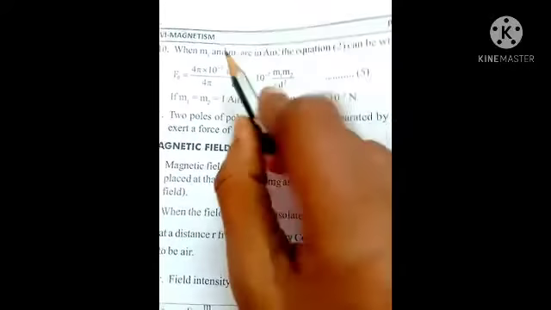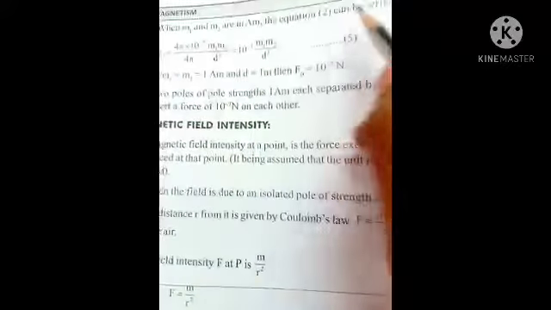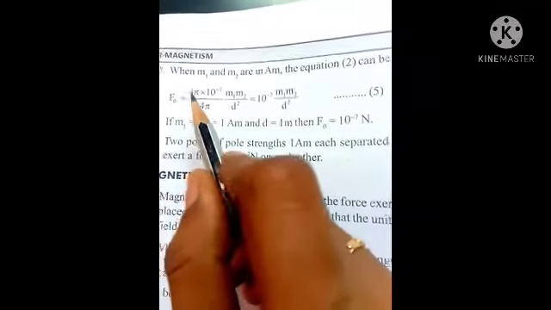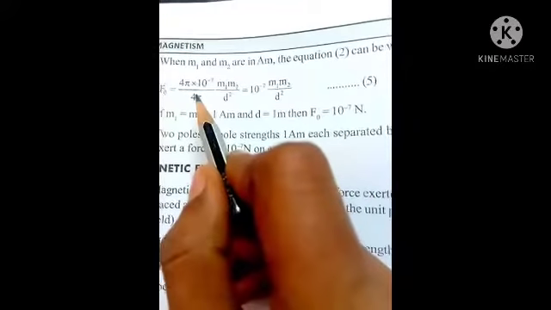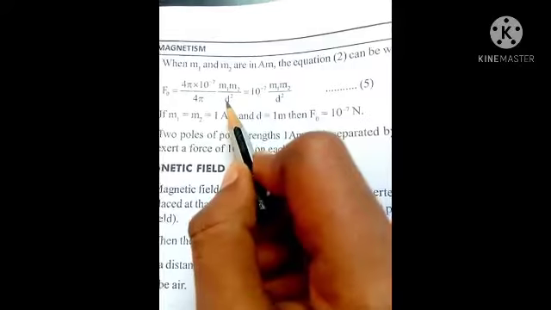When m1 m2 are in amperes, equation 2 can be written as F naught, the force in free space, equals 4 pi into 10 to the power of minus 7 by 4 pi, m1 m2 by d square.